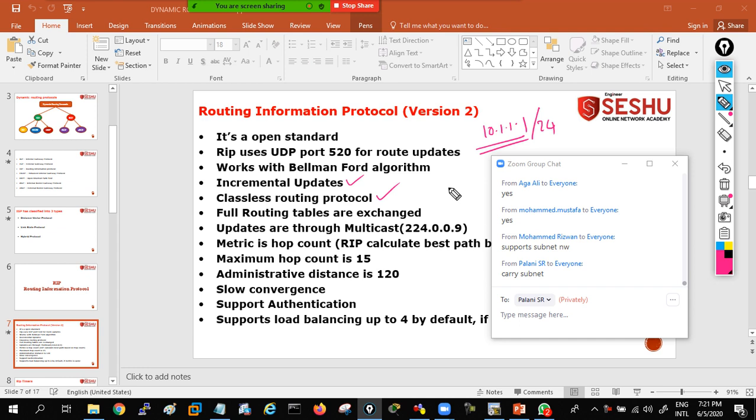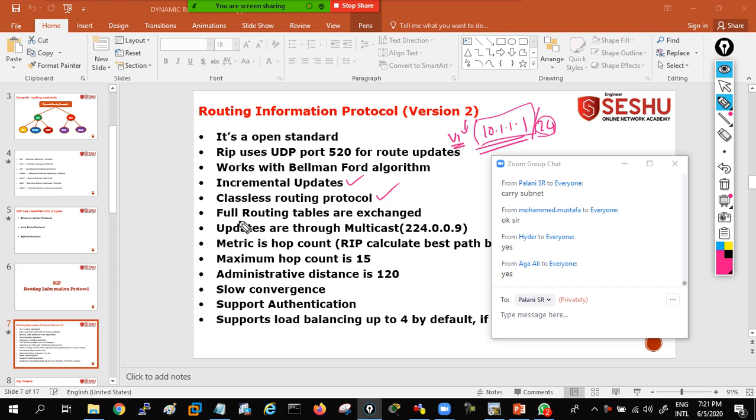While it's sending to another router, it's going to send the subnet mask also. Everybody okay, guys? This point is clear for everybody? Say yes or no. Classless routing protocol, it supports subnetting. That's it. If anybody asks you, yes boss, it's going to support subnetting. But if you take version 1, remember, guys, version 1 doesn't support subnetting.